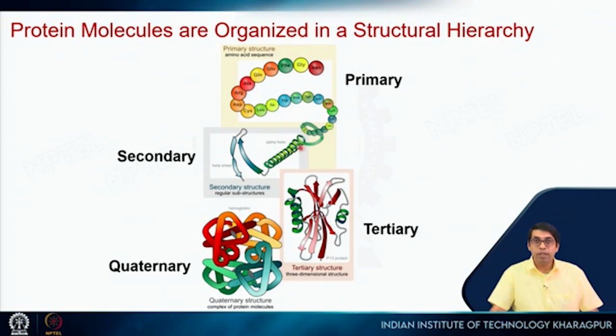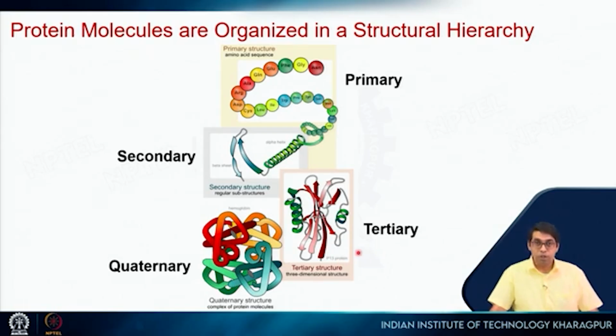These sequences can fold into helix or strand, which are called the secondary structure of the protein, and these helices and strands can fold and form tertiary contacts. So there are 3-dimensional contacts between them, and this is called the tertiary structure of a protein. Most proteins will have primary, secondary and tertiary structures.